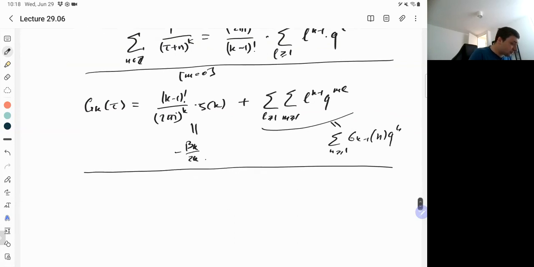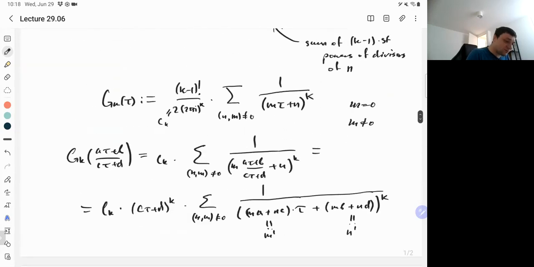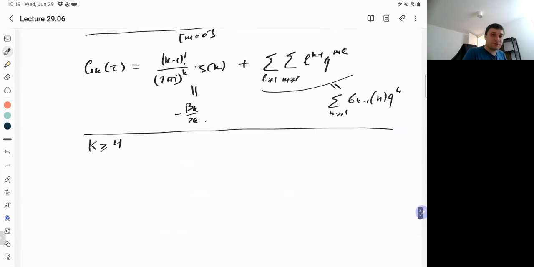The other comment I want to make is that I was a little bit fast here, but at some point I had to rearrange some terms in the convergent series, and this is actually important. So k is at least 4. Well, the important part is k should be strictly greater than 2, and for k equals 2, this doesn't work.